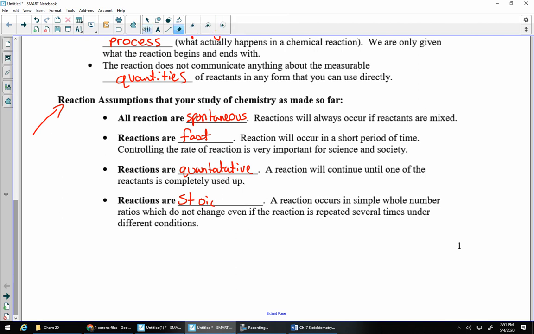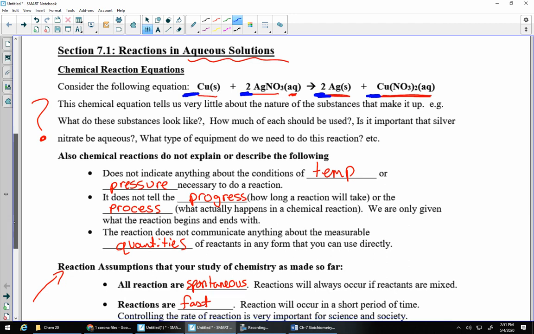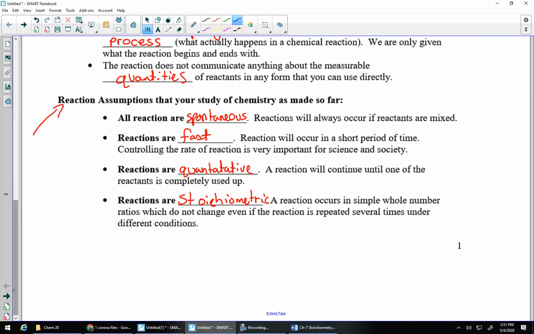Now, stoichiometric, what that actually means for us is they occur in simple whole number ratios that repeat themselves over and over again. And that's going back up to here. So if we look at our coefficients, 1 copper reacts with 2 silver nitrates to make 2 silvers and 1 copper(II) nitrate, and it will always happen that way. Always, always happen according to the mole ratio.